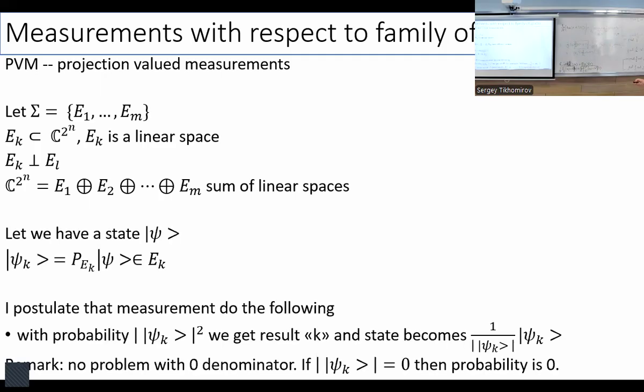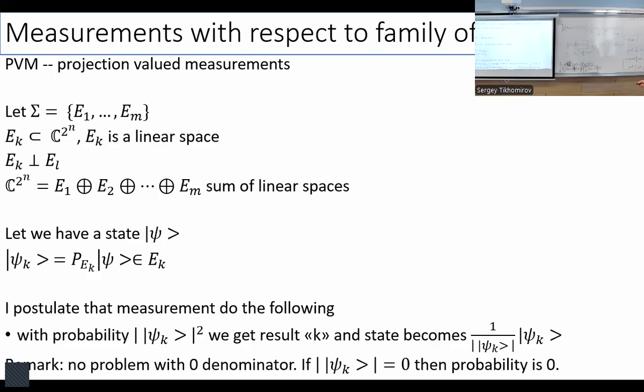Then for each state psi, because they are pairwise orthogonal, I can define projections on each of the spaces. Let me calculate those projections. These will also be vectors, not numbers. And I postulate that the measurement with respect to this system of linear spaces would be the following.